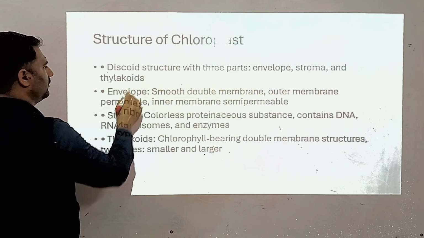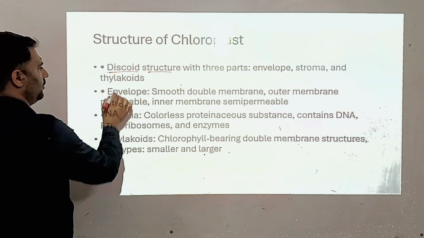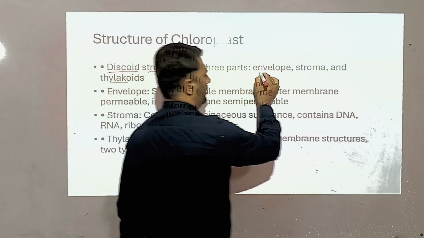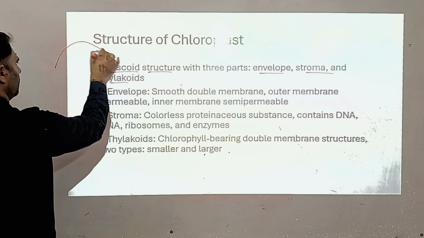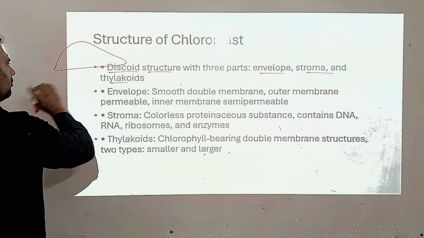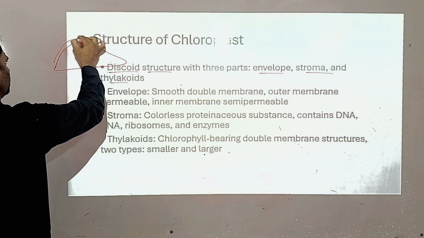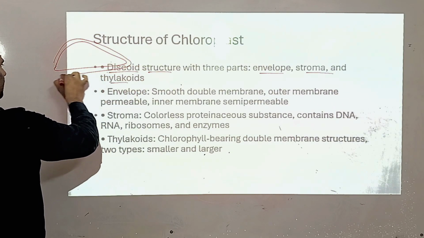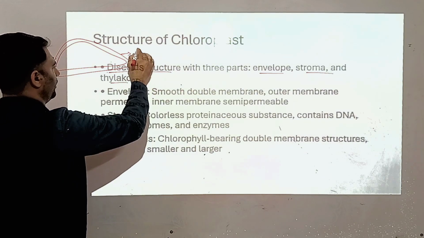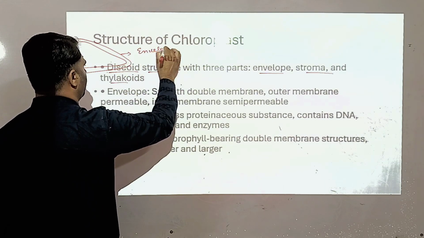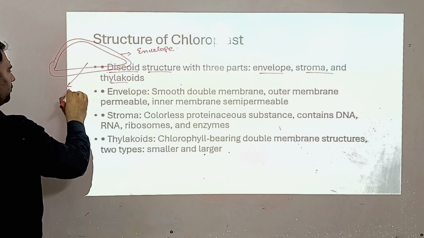Structure of chloroplast: it is a discoid structure with three parts: envelope, stroma and thylakoid. It contains the outer envelope. As I said earlier, if there is a true membrane around any organelle, it is called an envelope. The cytoplasm of this is known as stroma.